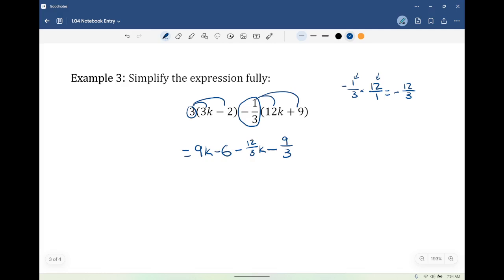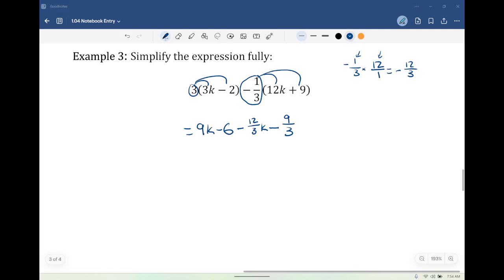Now, from here, this is a few extra steps to clean up. But luckily, it's going to clean up really well. The 9k minus 6, I actually can't really do anything with until I deal with the fractions. Raise your hand. What does 12/3 turn into, Gabby? Negative 4. So I've got negative 4k minus, raise your hand again, 9/3 is, Carl, 3.